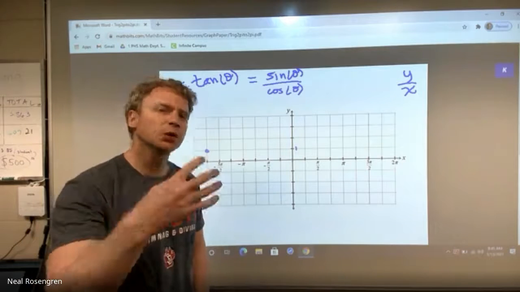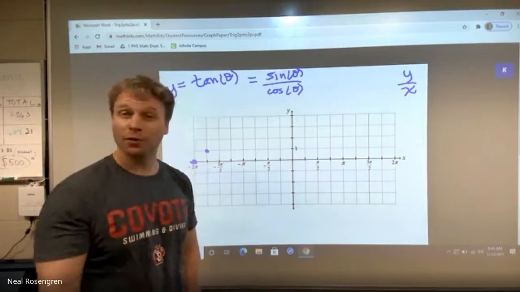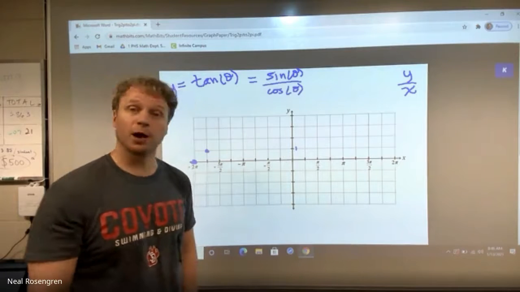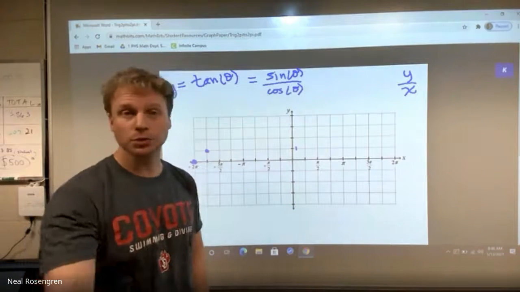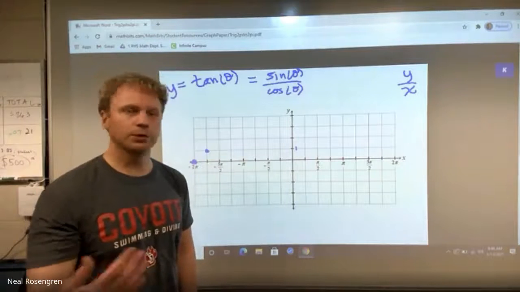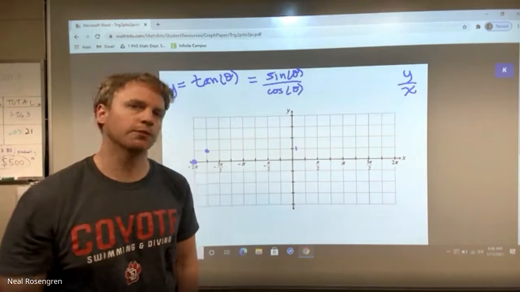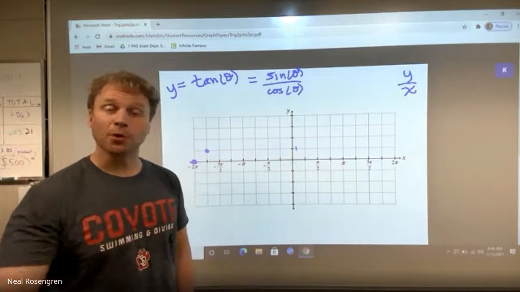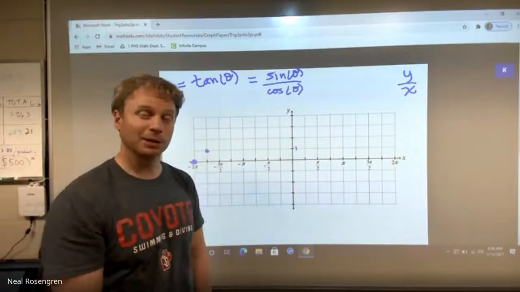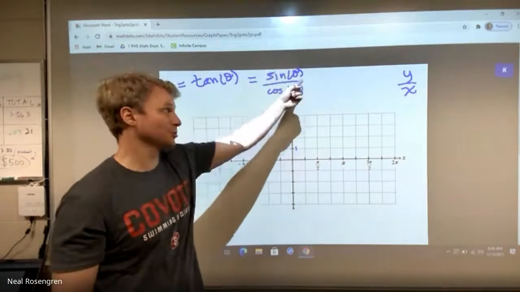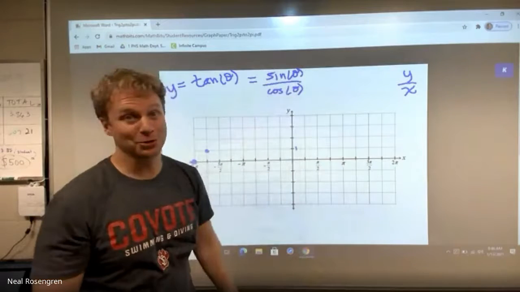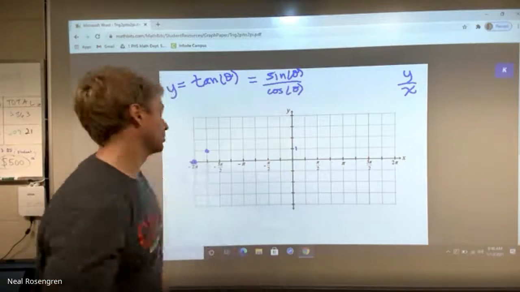If it was 0 over 0, we'd have a hole, like we did when we were dealing with rational functions. But if it's anything else over 0, 1 over 0, 5 over 0, negative 6 over 0, whatever it is, what happens graphically with rationals is exactly the same thing that happens here. I mean, it's a rational function for us, just a trigonometric rational one. We get a vertical asymptote.